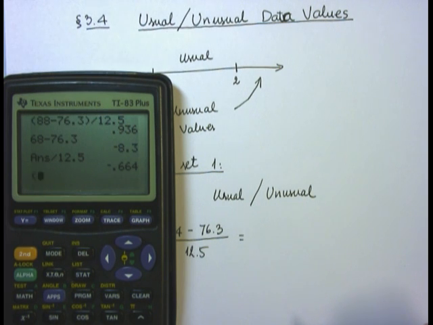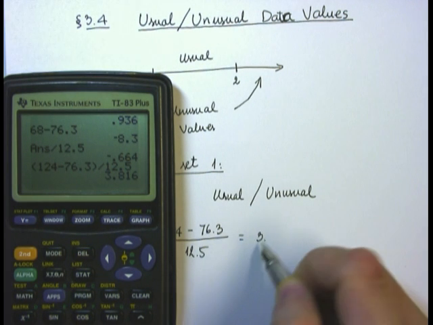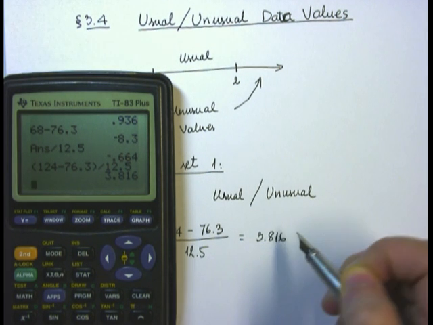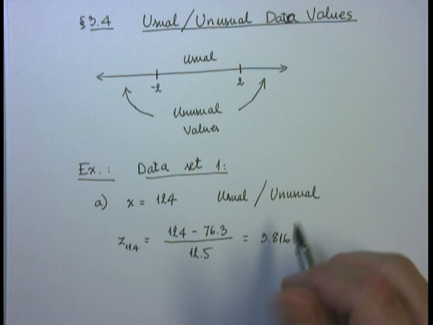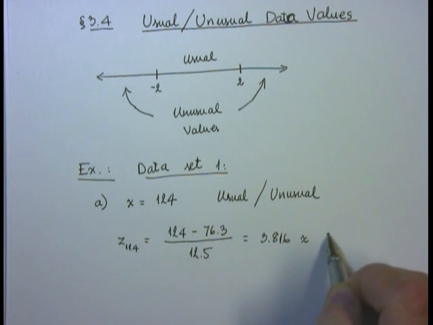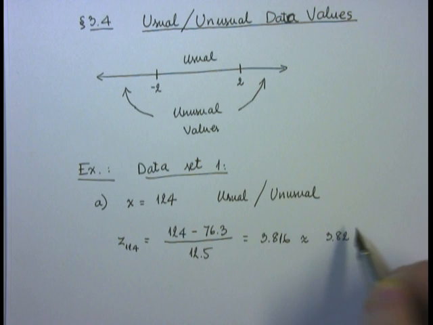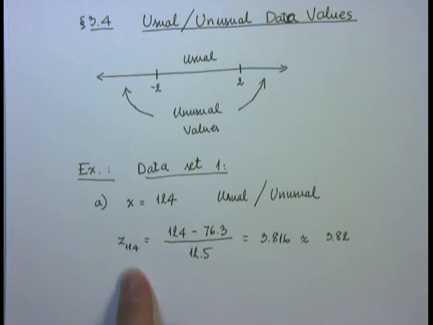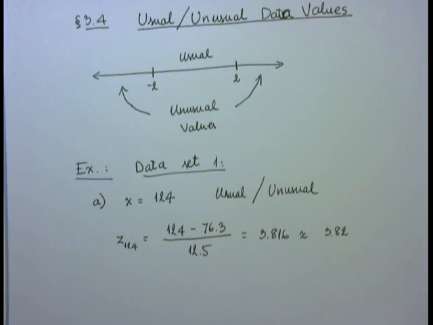So 124 minus 76.3 divided by 12.5 gives 3.816, or rounding to 2 decimal places, 3.82. So this z-score is telling me that the individual data value 124 is 3.82 standard deviations above the mean.